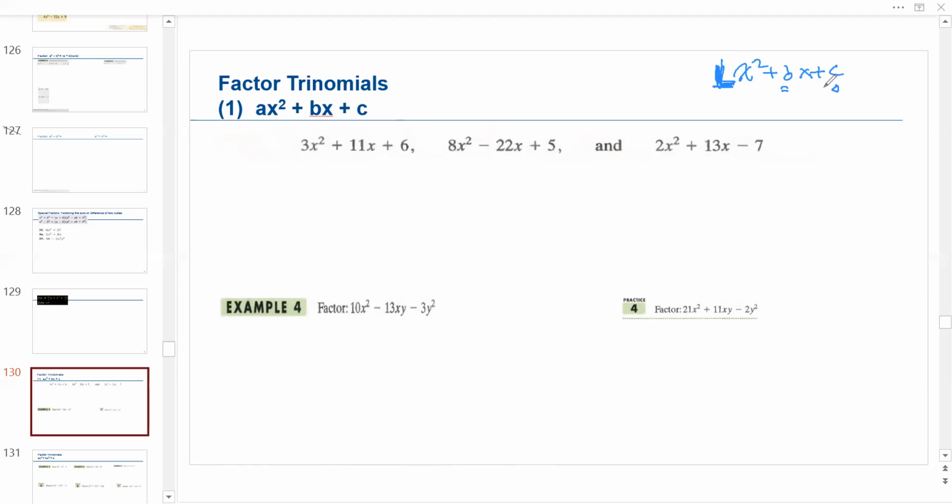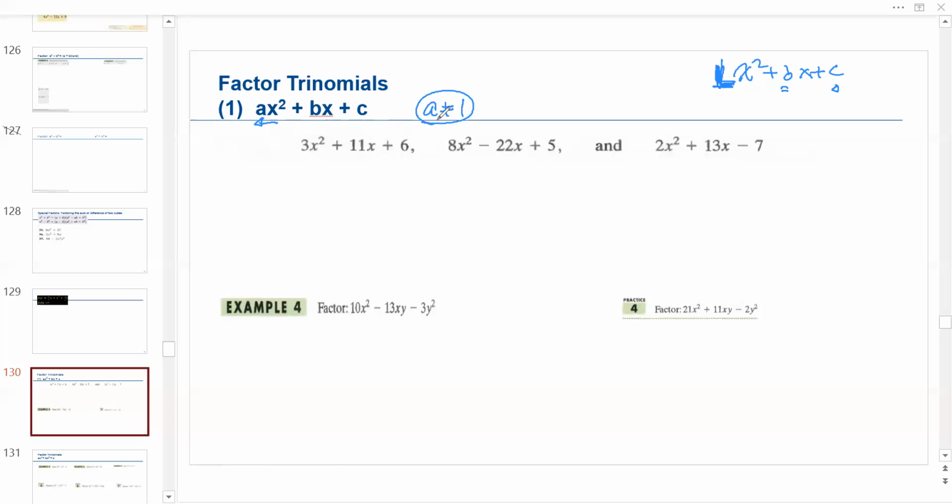Now we have met a more complicated situation where a is not equal to 1, like ax squared plus bx plus c. This a is not equal to 1, or even bigger numbers. How can we factor these kinds of trinomials?